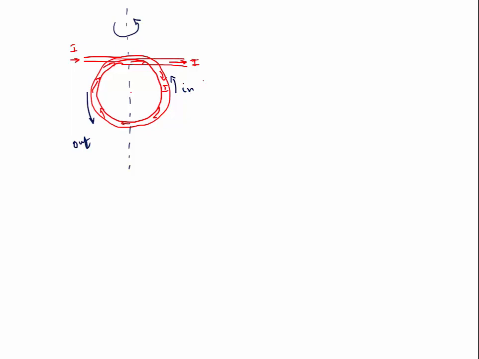So if I do that by 90 degrees, the loop then ends up looking like this. So when I turn it by 90 degrees, I will only see the cross section of it. So I will see the curved things at the bottom and the top, and I'll just see a straight line here representing the front side and the back side. So this will be our front side, this will be our back side.